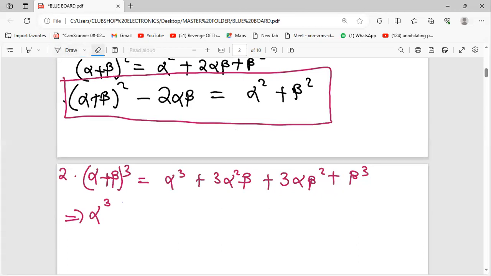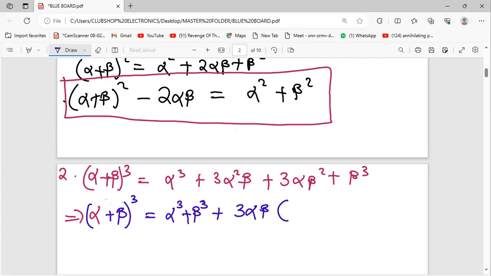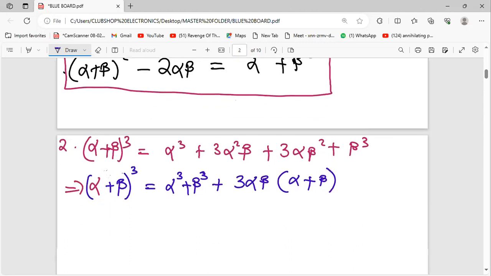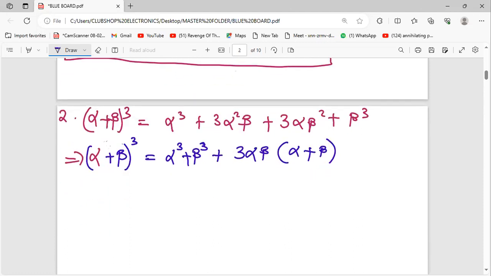This will be alpha to the power 3 plus beta to the power 3 plus, here we can factorize the common 3 alpha beta, and then with alpha plus beta. This one is one of them.